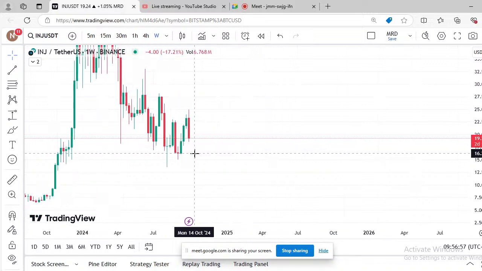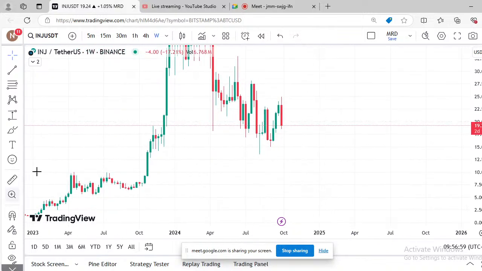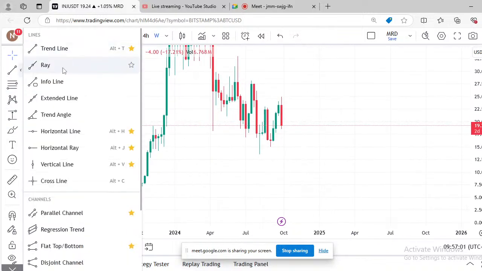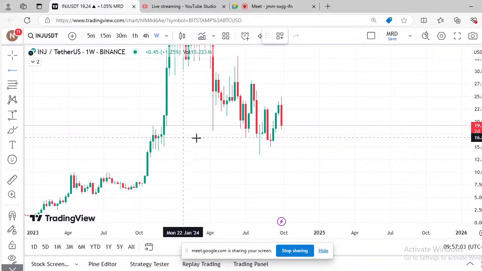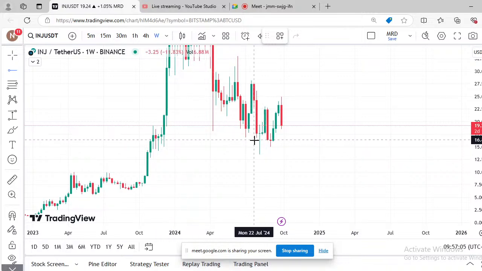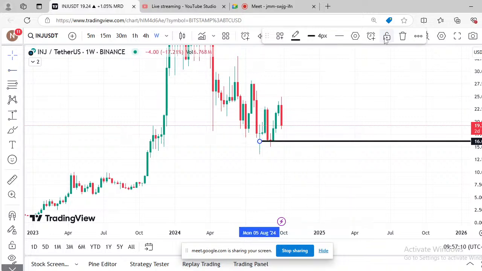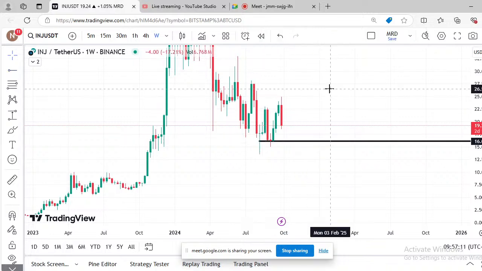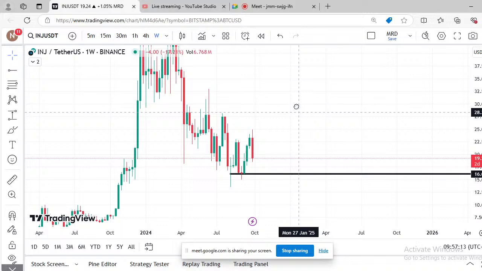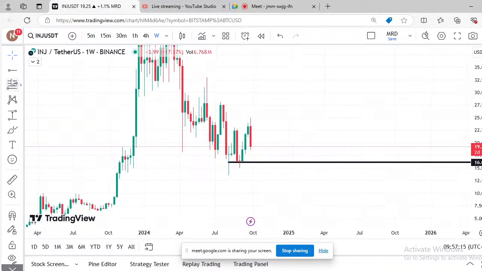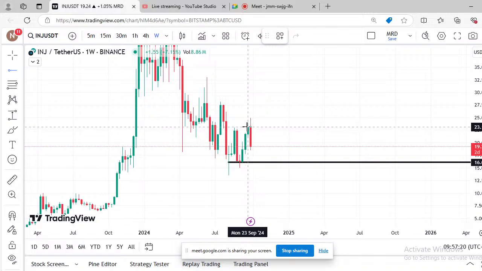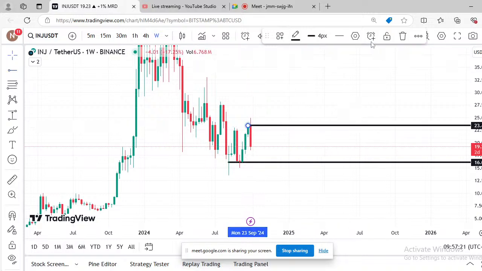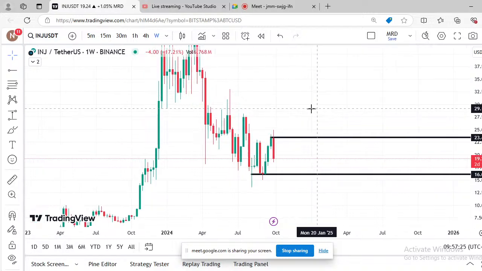So now we draw a line here on the lowest point that we have currently, the previous low. And now here we look at the previous high of the market, and we draw a line as well. This is 1 week.